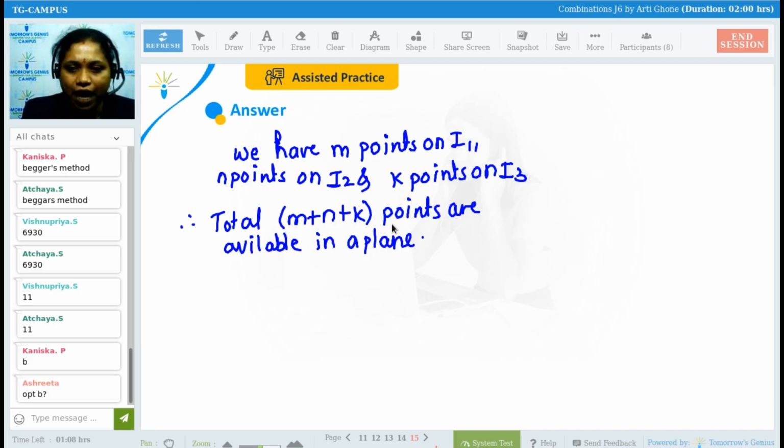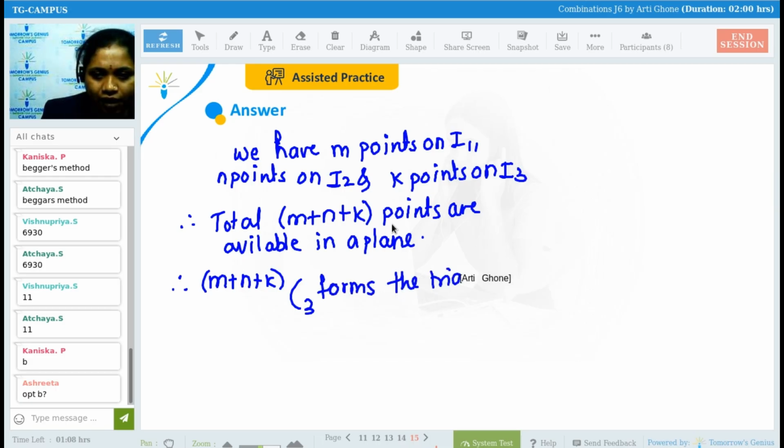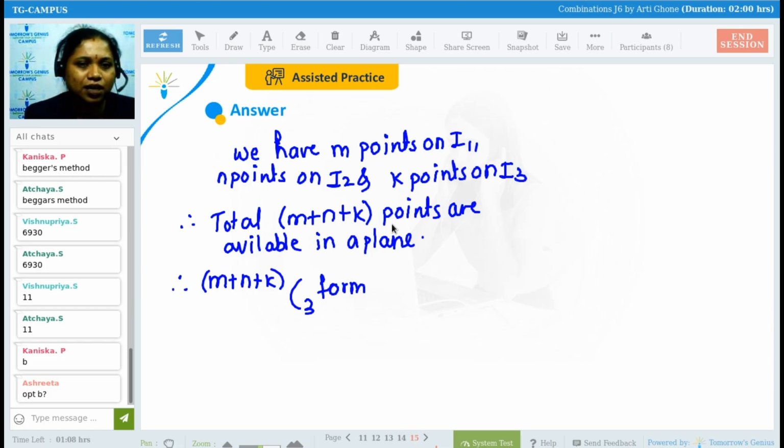Now, when will the triangle form? When any 3 points are connected, then we are going to form a triangle. Yes or no? So a triangle forms with 3 points. Therefore, m plus n plus k C3 may form the triangles. I'm just writing the word may. Why am I writing may?